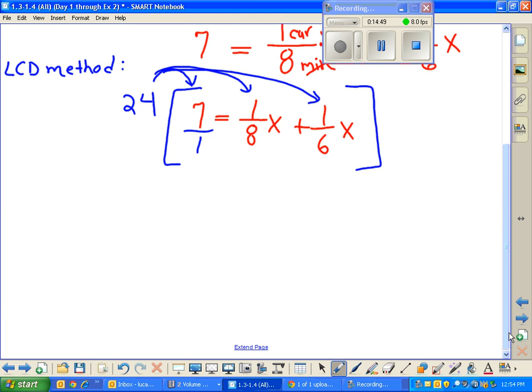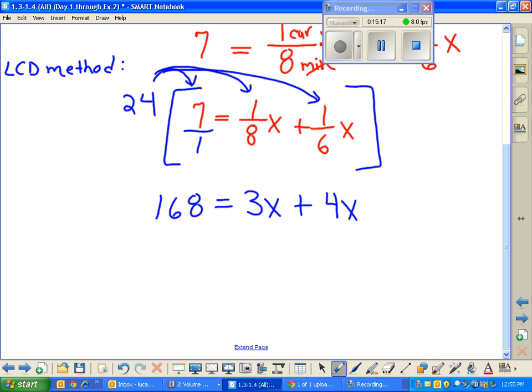Okay, then I have to take 24 times 7. Anybody know what that is? 168. 1/8 of 24 is just like 24 over 8. Do you know what it is? Yep. And then I have 1/6 x times 24. 1/6 of 24, Skylar. 4x.